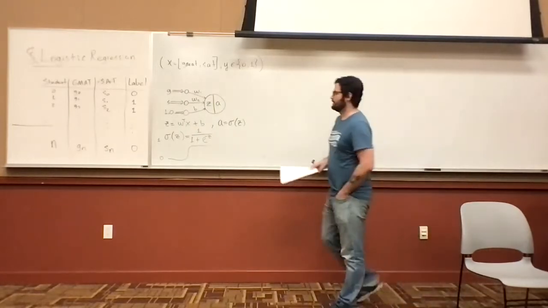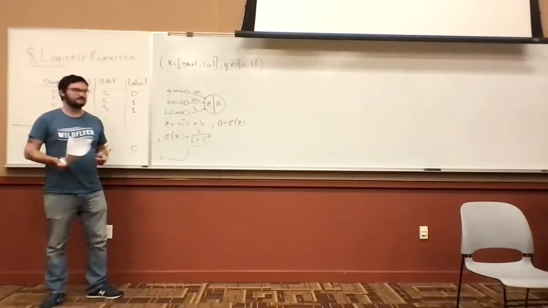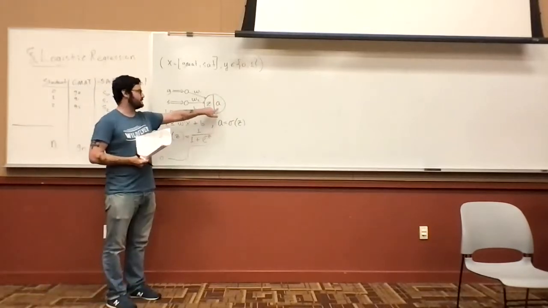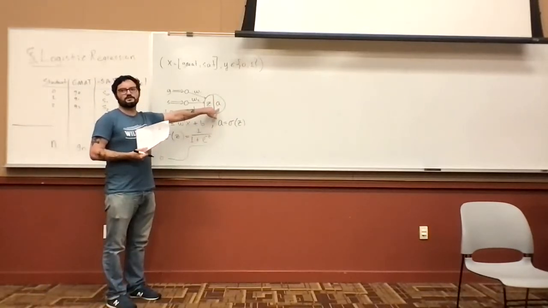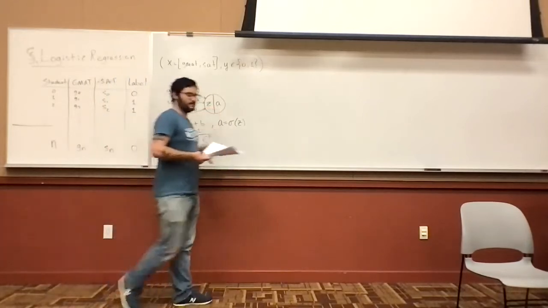Now it's kind of silly to do it on this single neuron, but it's important that I introduce this notation now, because when we get to deep learning, deep neural networks, this is the standard notation that I'm going to adopt.